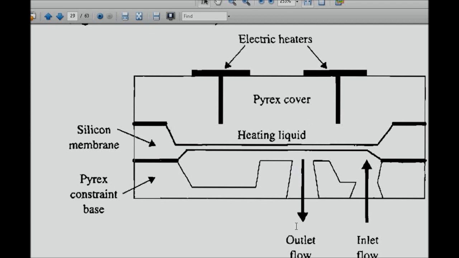Then this closes the outlet, and whenever the electrical supply is removed and the heat is reduced, it will again come to the normal position and there will be a flow. So this type of arrangement can also be done, where the heat source in this case is electrical resistance foils attached to the top of this device.